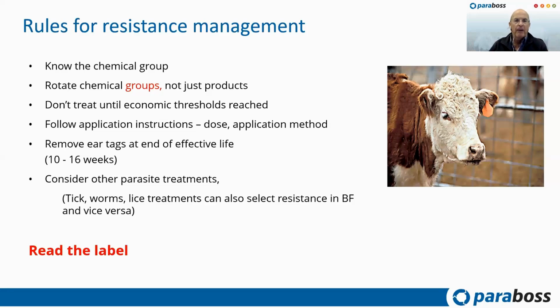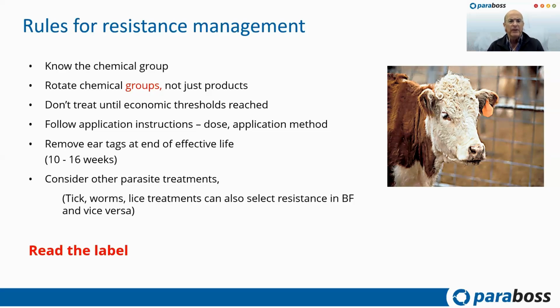Critically, follow the application instructions, correct dose, correct application methods, and this is by far the main reason for breakdown in chemicals. Remove ear tags at the end of their life, as noted on the label. This is important so you don't expose the flies to periods of low chemical, because below the effective levels, that's what really selects for resistance quickly.